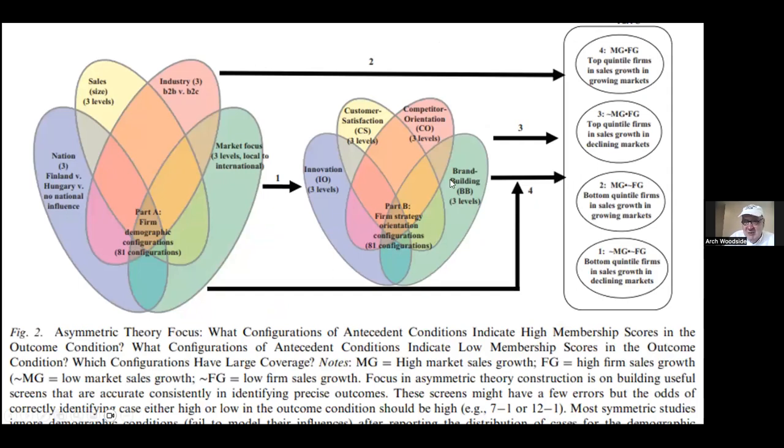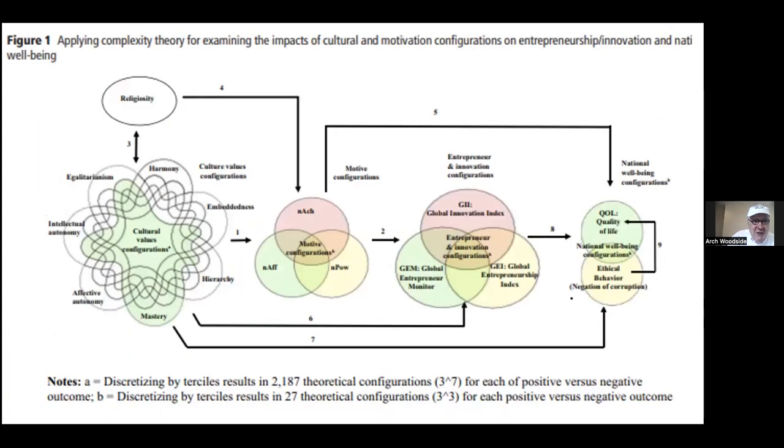management research too, where we're looking at templates to do management research of management performance, where you have multiple outcomes such as sales growth and growing and declining markets. And we'll talk some more about this at our next meeting. And we can also study entrepreneurship effects on quality of life and macro cultural studies using asymmetric modeling.